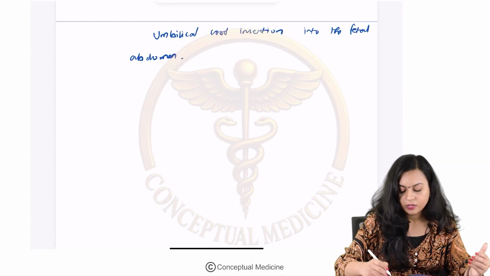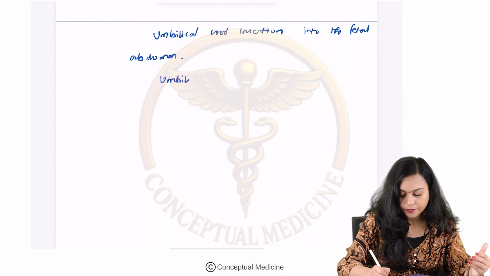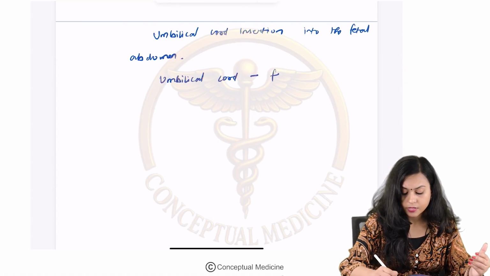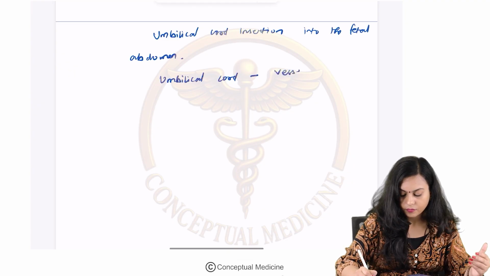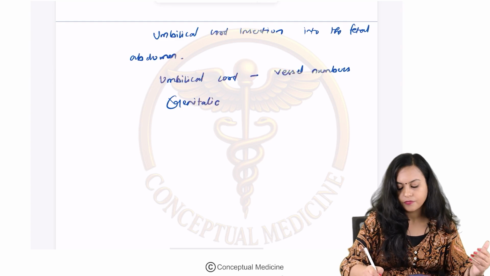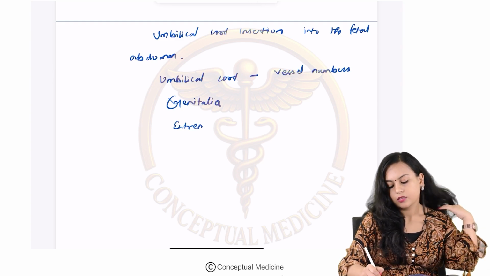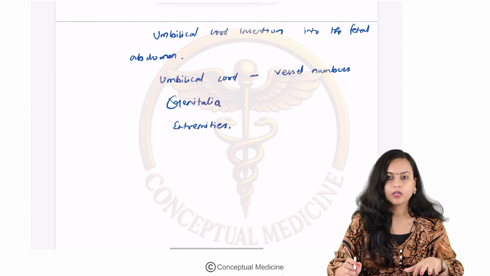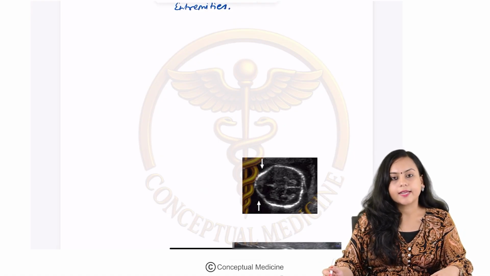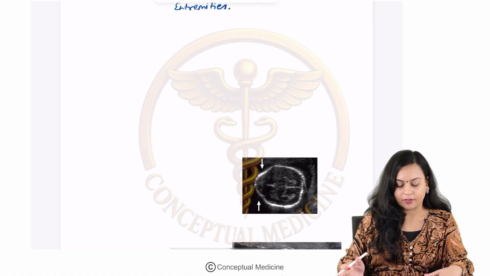Then you even have to check the umbilical cord for the vessel numbers. Then you also have to keep a check on the genitalia and even the extremities. Clear? Yes.